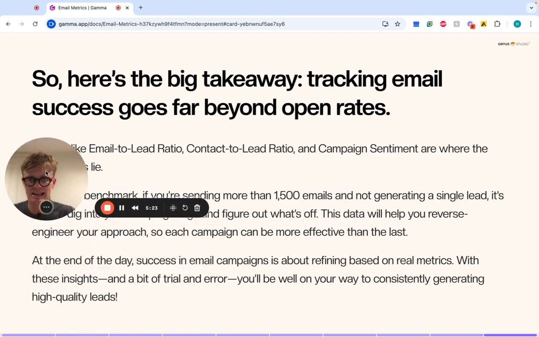At the end of the day, success in email campaigns is about refining based on the real metrics I've laid out. With these insights and a bit of trial and error, you'll be well on your way to consistently generating high quality meetings. As I said, it's not about guesswork. Use these metrics to guide you and reverse engineer your success.